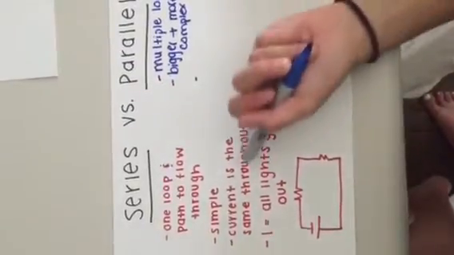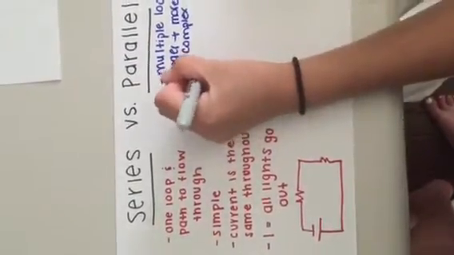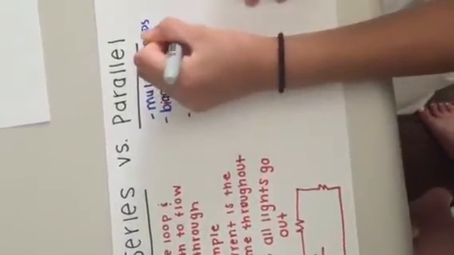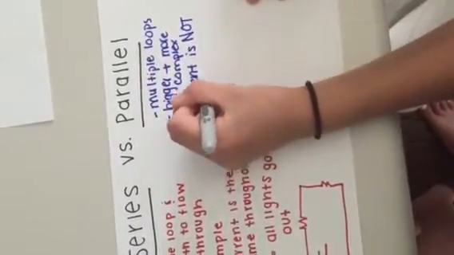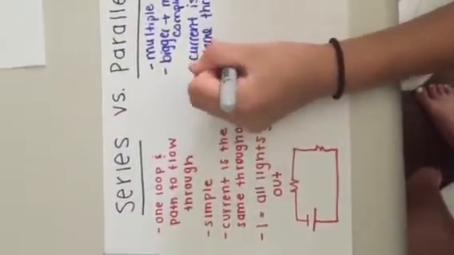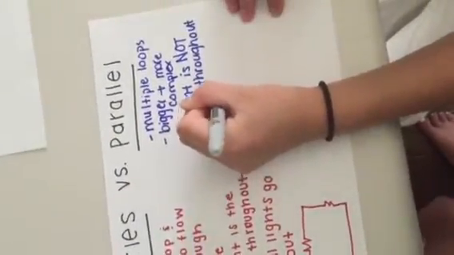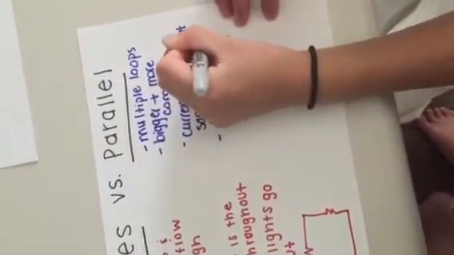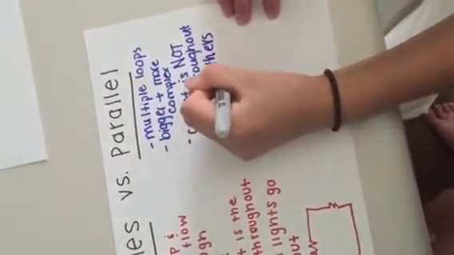The current is not the same throughout. And if one light goes out, others stay shining.